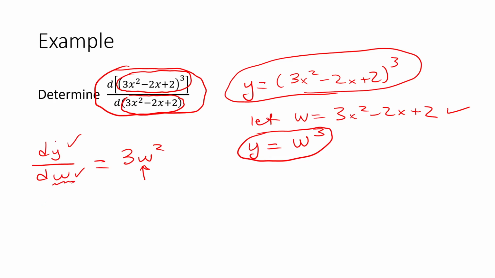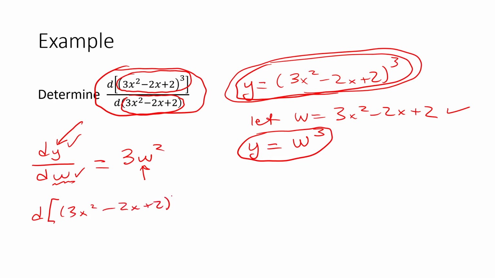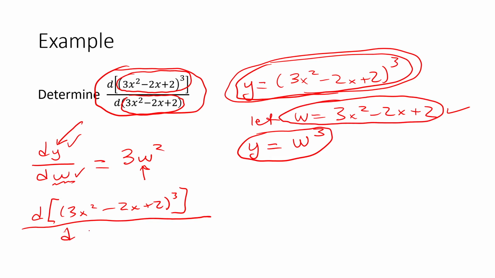And at this point, I can sub back in for y, where y is equal to this quantity right here, 3x squared minus 2x plus 2 quantity cubed, and with respect to w, where w is this quantity right here, 3x squared minus 2x plus 2.